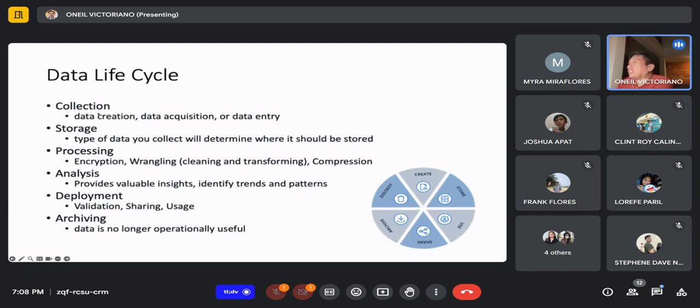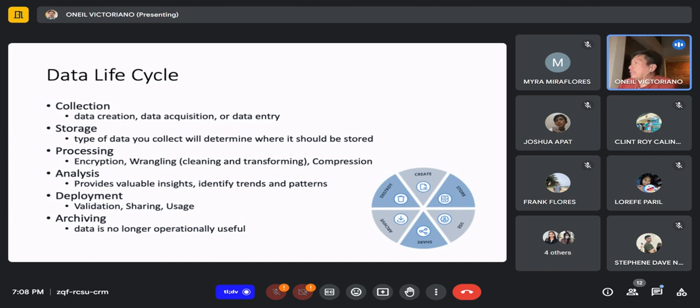So we say collection, it's data creation, acquisition, and data entry. When you say storage, it's determining what type of data you collect and where it should be stored. So the idea of cloud computing, data management over cloud, privacy over cloud.